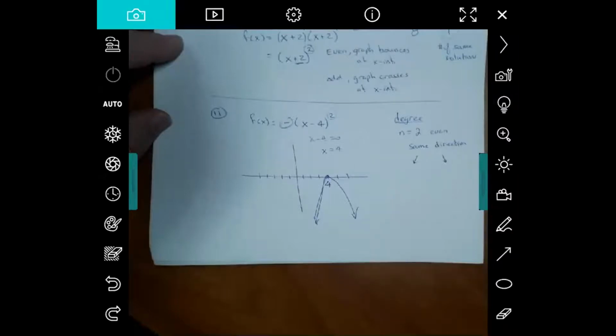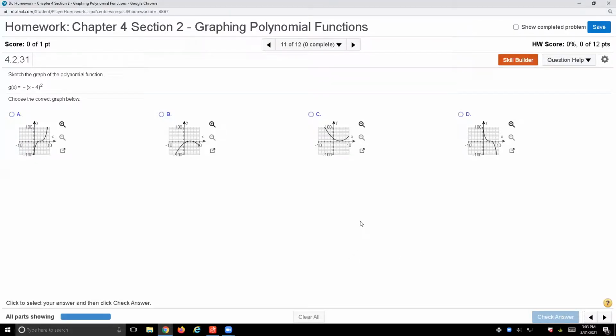So looking at our options, it has to be which one? Has to be B, because A and D are opposite directions, so it's not odd. So it's either B or C. Since it's negative out in front, it has to be pointing down, so it's B.